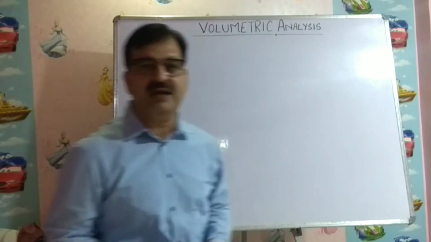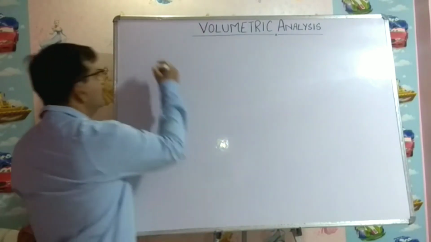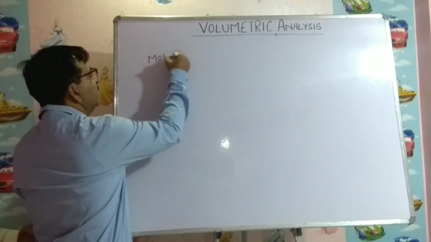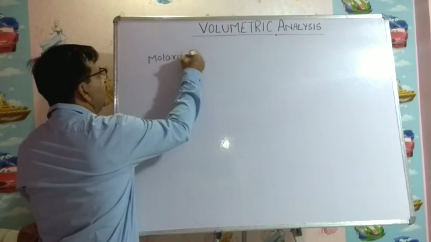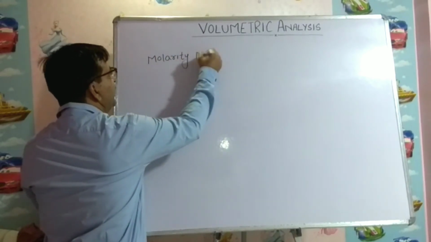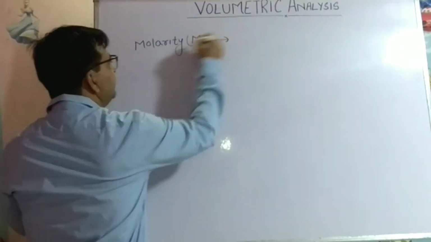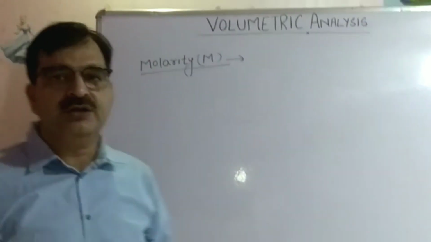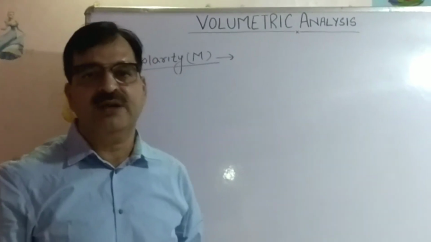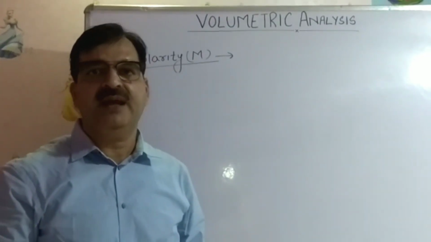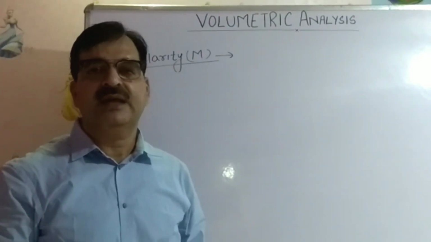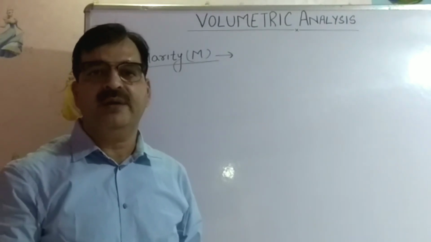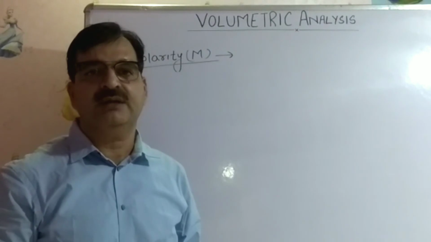It is an important term. So write down molarity of the solution. It is represented by capital M and it is defined as the number of gram moles of solute dissolved per liter of solution.